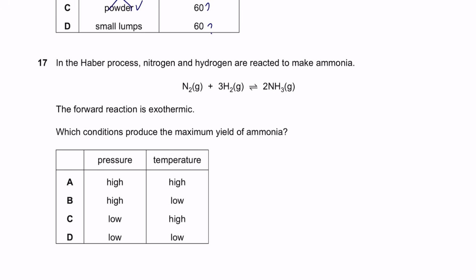Next, question 17. In the Haber process, nitrogen and hydrogen are reacted to make ammonia. The forward reaction is exothermic. Which conditions produce the maximum yield of ammonia? We have got 2 factors here that are being changed. The first one is pressure and the second is temperature. Now for pressure, you need to check the number of moles. You've got 4 moles in your reactants and 2 moles in your product.